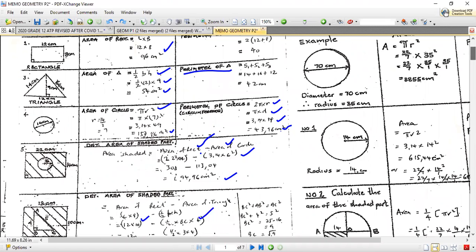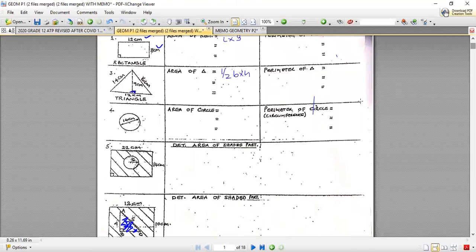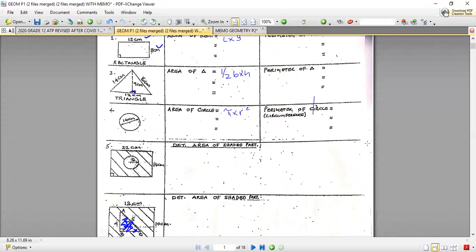If you look at our next basic shape, which is our circle. For the circle, we need to be given a specific measurement, which is the radius, to calculate its area. Because we know that the area of a circle is given as pi times r squared. Now in this shape here, 14 centimeters represents the diameter.